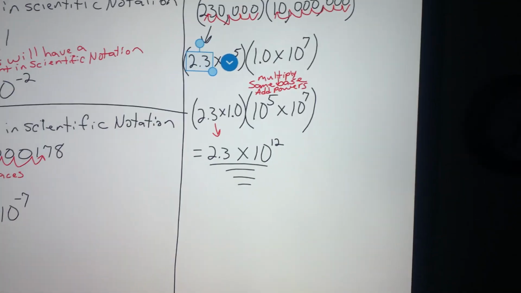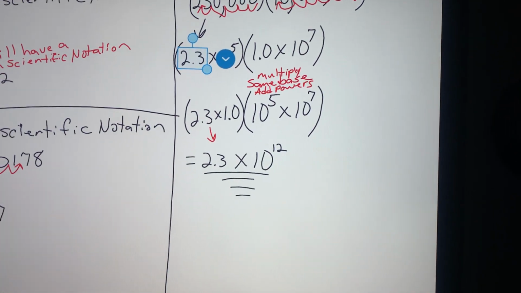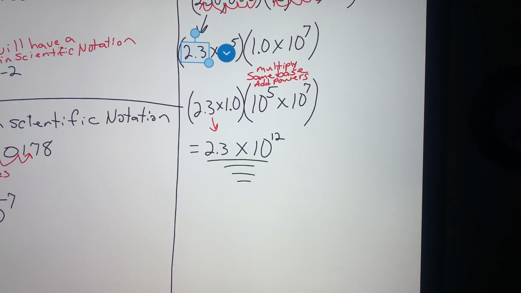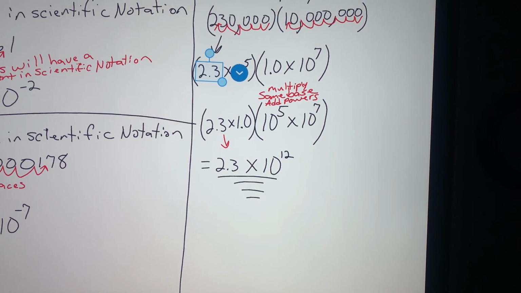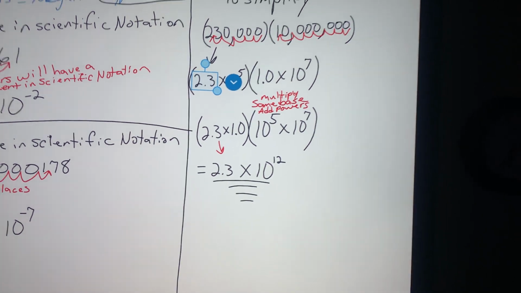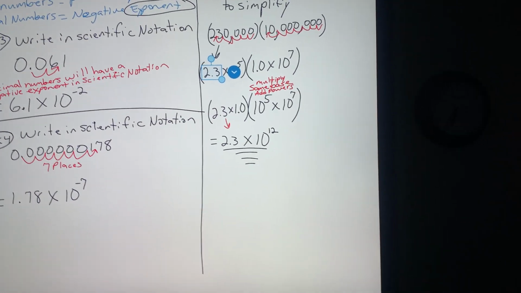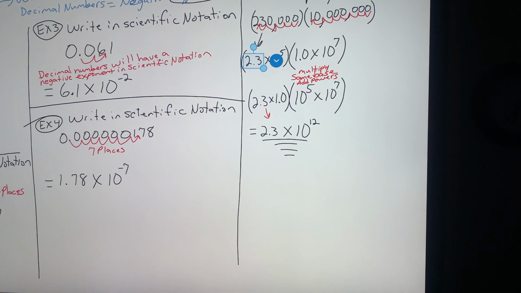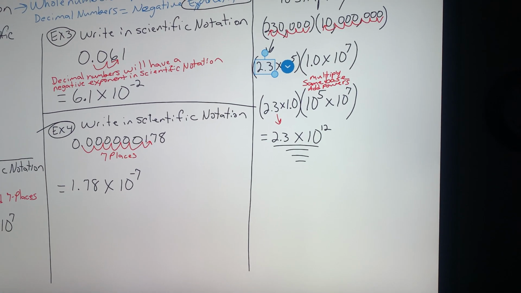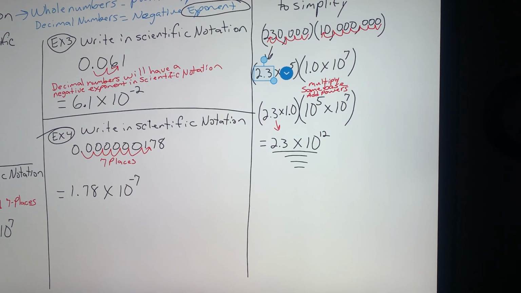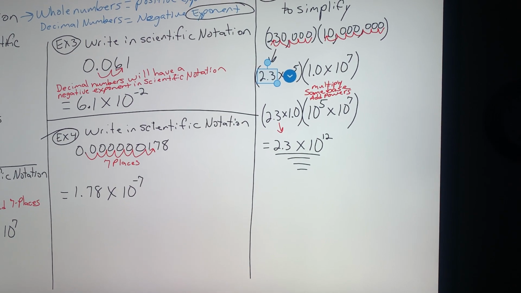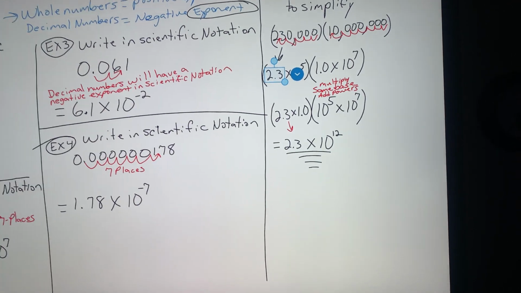When we have the same base, we can use the multiplication rule for the same base to add the exponents. So it becomes 2.3 when we multiply the first parts, and we add the exponents to get a 12 exponent there.